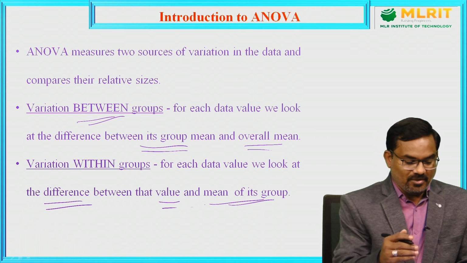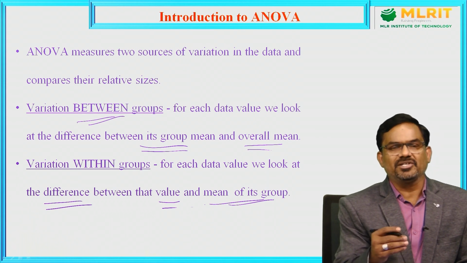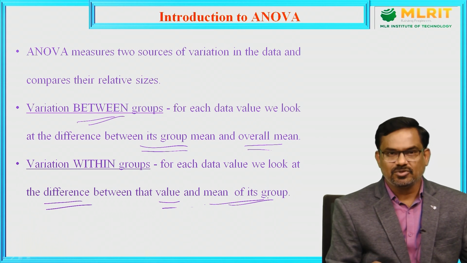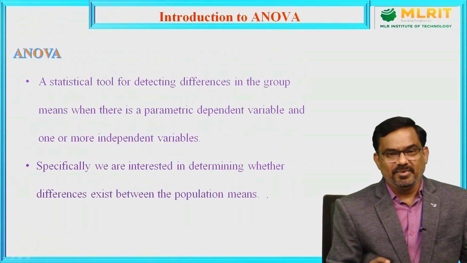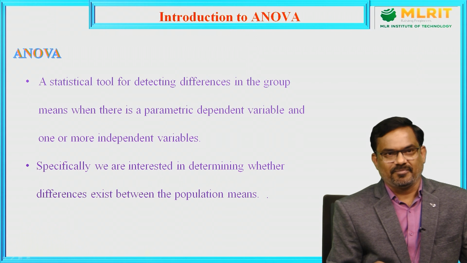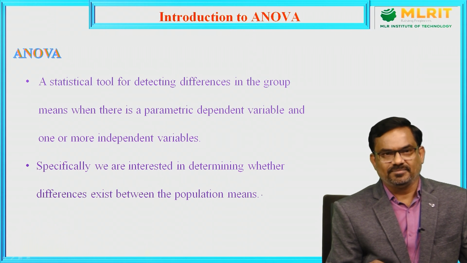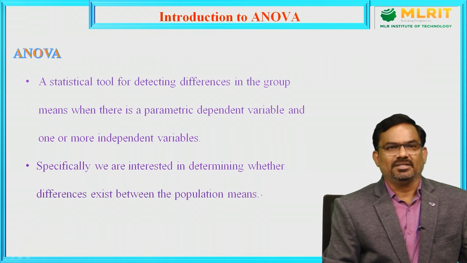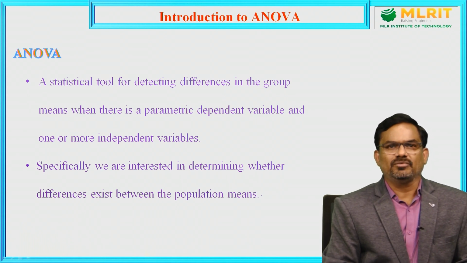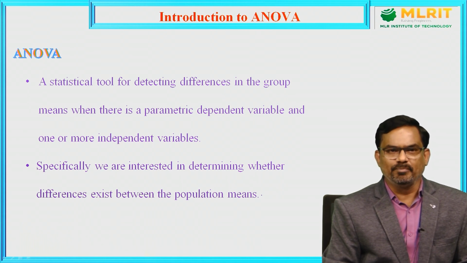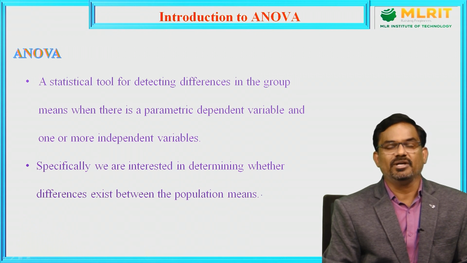We use these 2 values, variation within groups and variation between groups, to test whether 3 or more means are equal or not, and that test is called the ANOVA test. The actual definition of ANOVA is a statistical tool for detecting differences in group means when there is a parametric dependent variable and 1 or more independent variables.